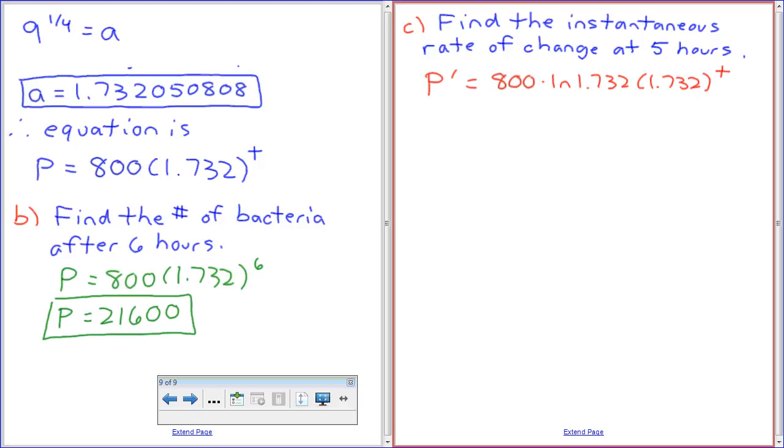I know what you're trying to do there, but remember for the variable, whenever there's a base that's not equal to e, like if it's an exponent, whatever the base is comes down as ln of that. Okay. So if I want to know the rate of change after 5 hours, what do I do? T equals 5, right?